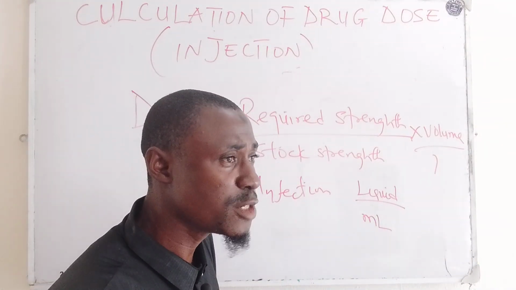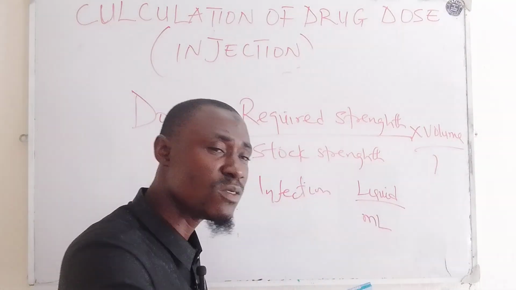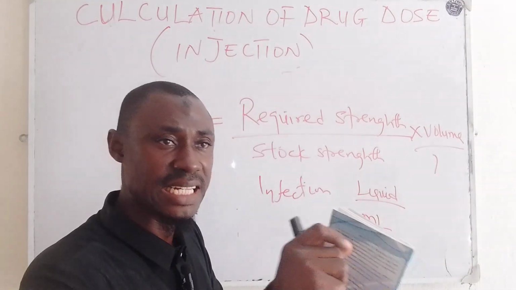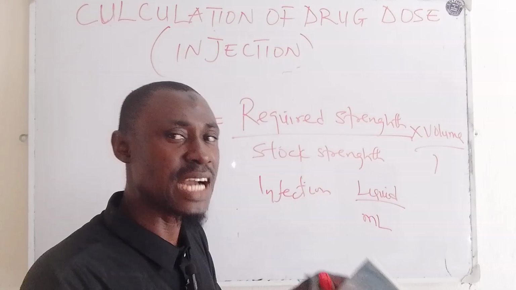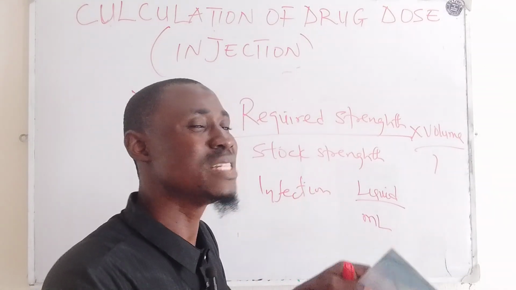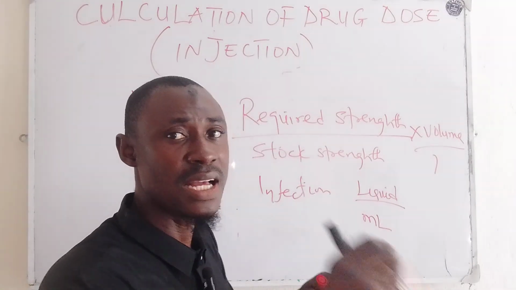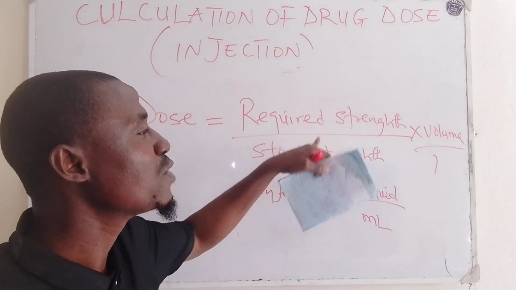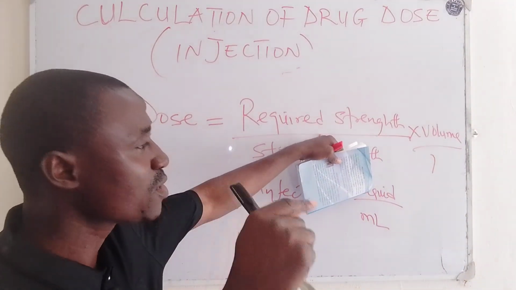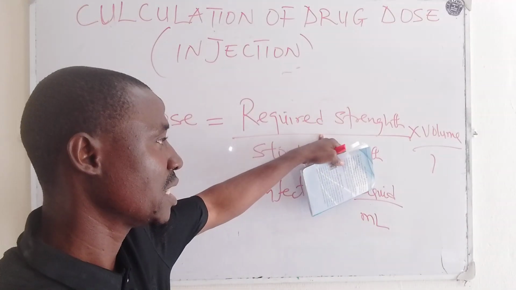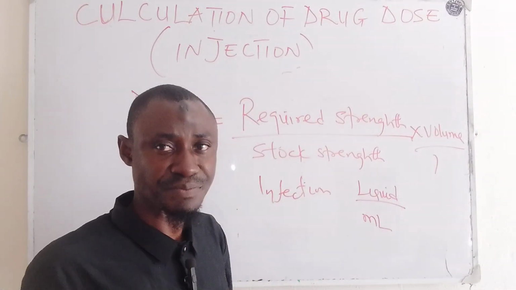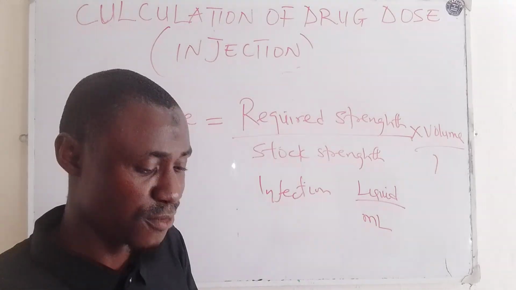So if the weight is in kilogram and I want to use Clark's rule, you convert that kilogram to pounds and use the formula. If the weight is already in kg and you are comfortable with the Hamburger's rule, then you can use that same kg, input it in the formula, then you get your dose. Once you get the dose, you can convert that dose using this formula. The equivalent of that dose in milligram can now be calculated using this formula to change it to mil. Then you can now withdraw from your ampoule using your syringe.